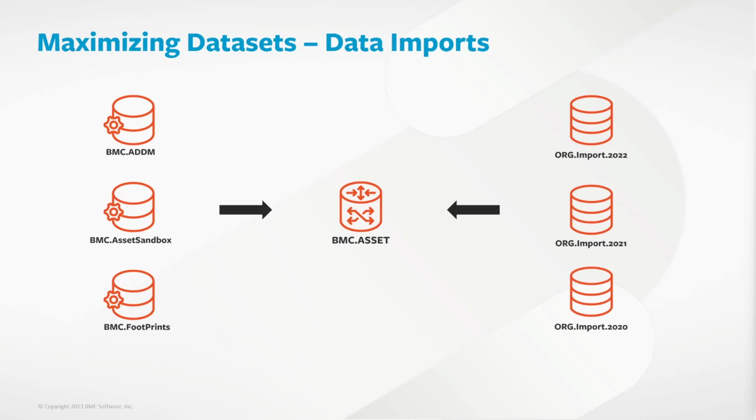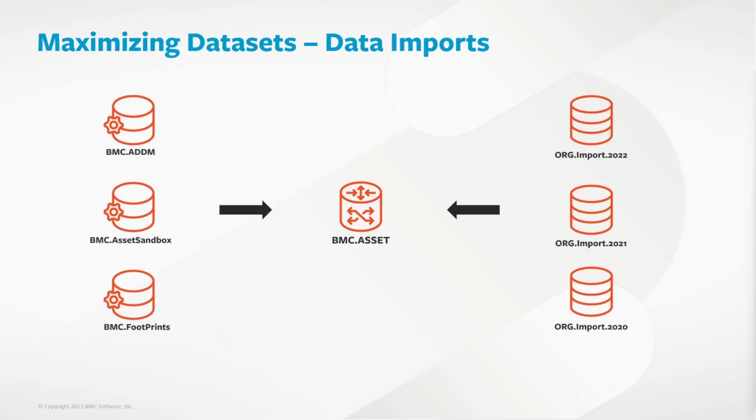But on the right-hand side, rather, we have these organization import jobs. And I gave an example earlier in our demonstration where a customer was doing regular spreadsheet imports. They would do this once every year. And maybe this is the data set type that you're looking at.